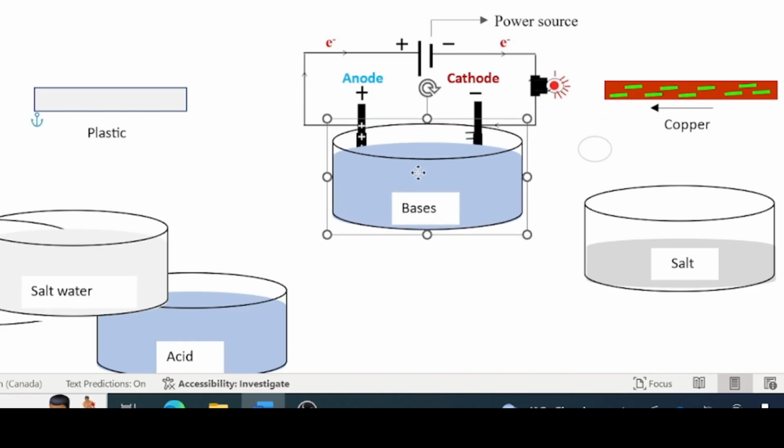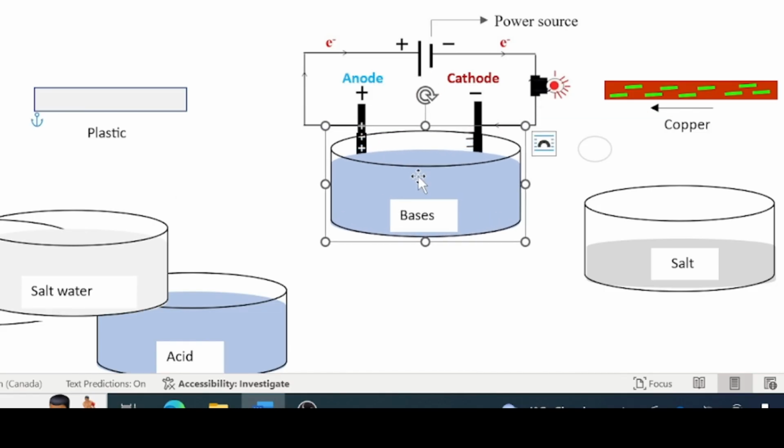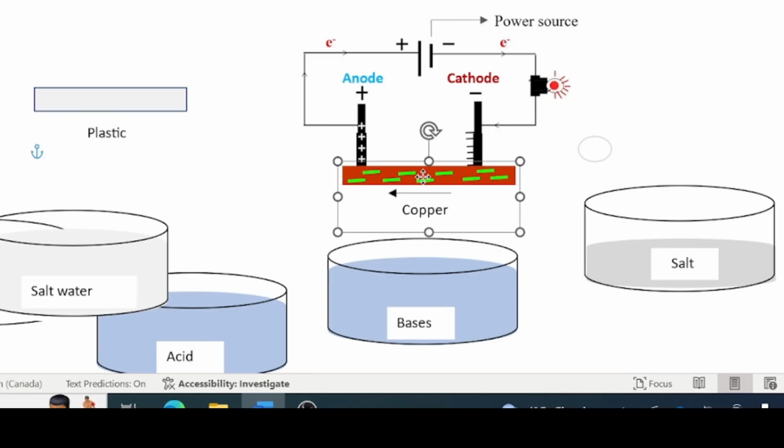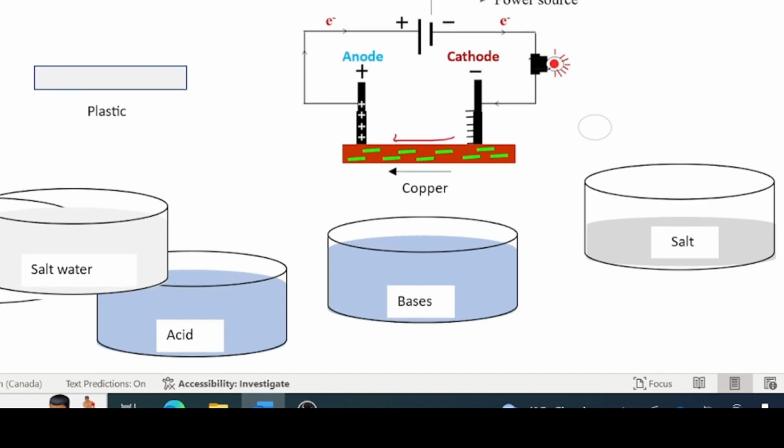For an electrolyte to conduct electricity, just like how we said, for this piece of metal to conduct electricity, it must allow electrons to move in this direction. The same thing must happen also for an electrolyte to conduct electricity.